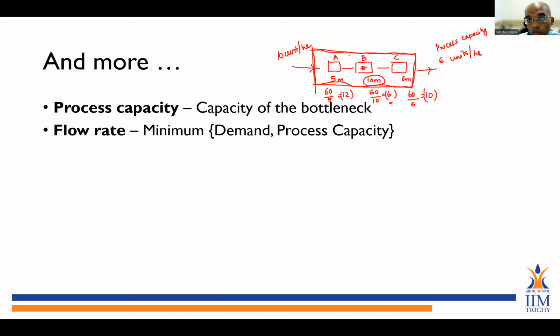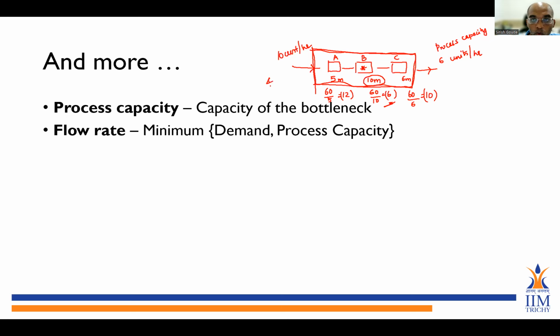Now, as you know from this particular definition of process capacity, only 6 customers can come out. So even though 10 customers come in, even though 20 customers come in, the rate at which customers are going to be processed is only 6 customers per hour. Right? That is very intuitive from the definition that we have taken previously, because the process capacity is nothing but the capacity of the bottleneck. That is what we have defined.